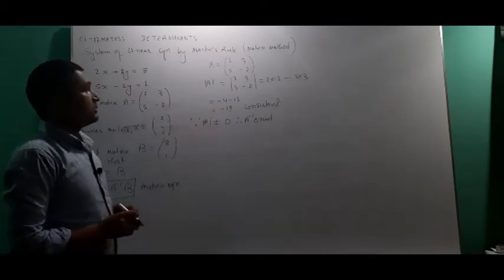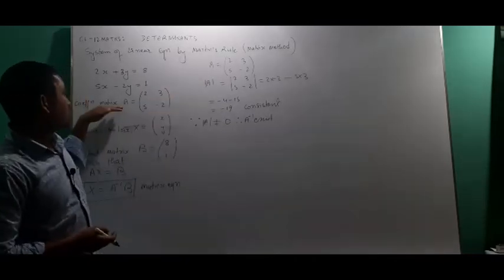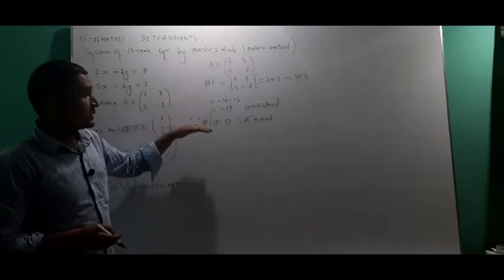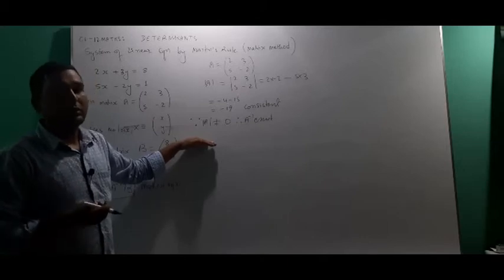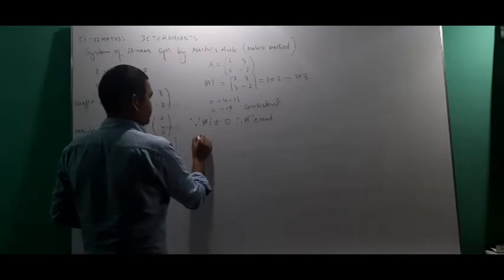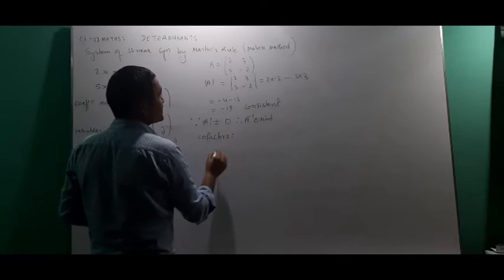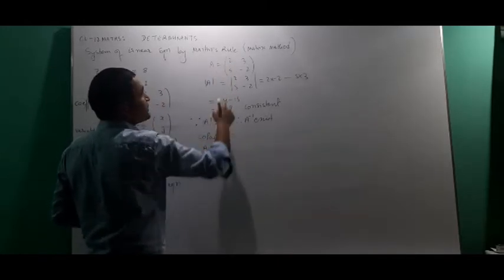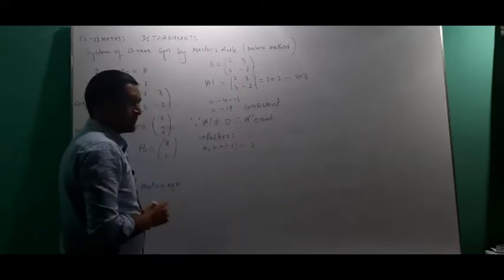Now after getting the determinant of the coefficient matrix, if it is non-zero, then get A inverse. To find A inverse, we need the cofactor matrix. We already learned how to get the cofactors. The cofactor of this first element is indicated by A11. This is plus, then the opposite of this is minus 2, equals minus 2.